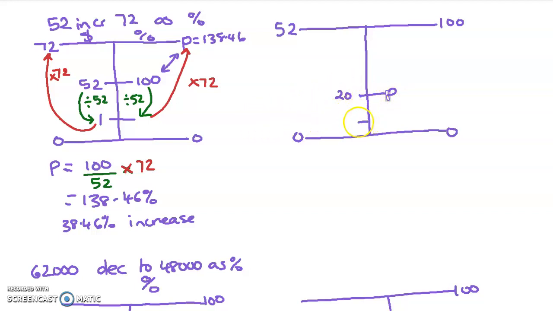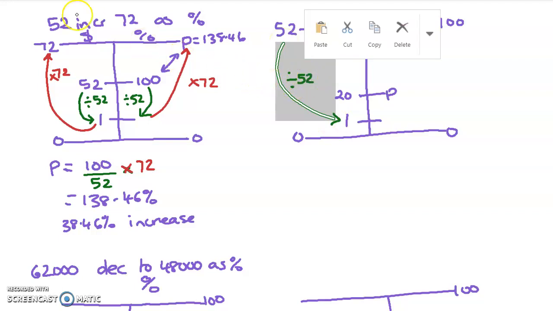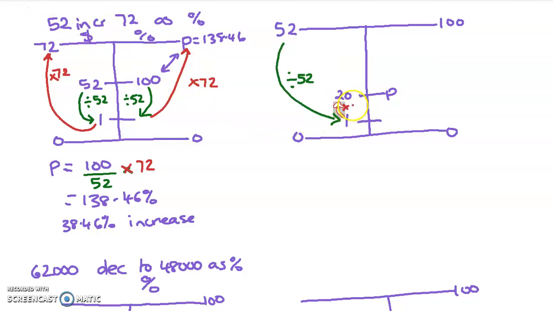So now I say, okay, left or right to find the 1 has to be the left because that's where I know both values. Do I start at the 52 or do I start at the 20? It has to be the 52 because that's where I know everything. So I'm going to go down from $52 to $1. And when I know what $1 is, can I work out what $20 is? Absolutely. And that will tell me what that is.